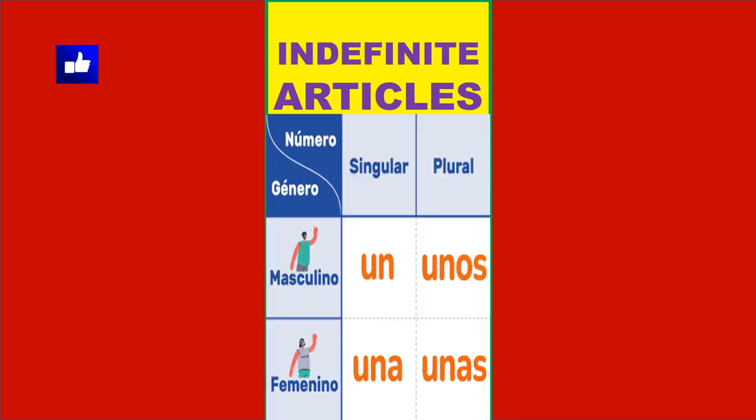Let's start. Okay, indefinite articles. In Spanish, as I told you before, the indefinite articles express a number, número, and it implies that the noun is in singular or plural. It may be in plural or in singular.